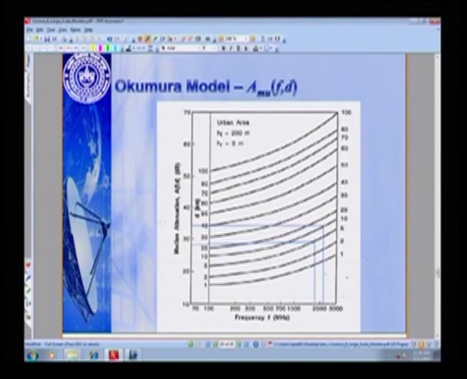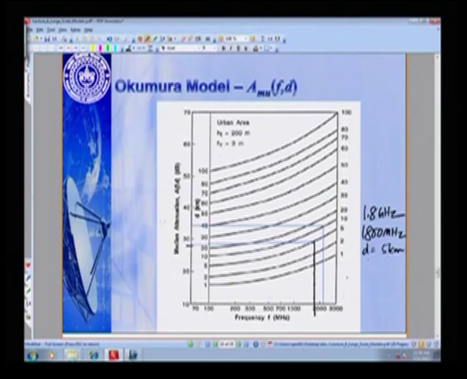For instance, if I want to look at the A mu factor at 1.8 gigahertz, or 1800 megahertz, corresponding to a distance d equals 5 kilometer.